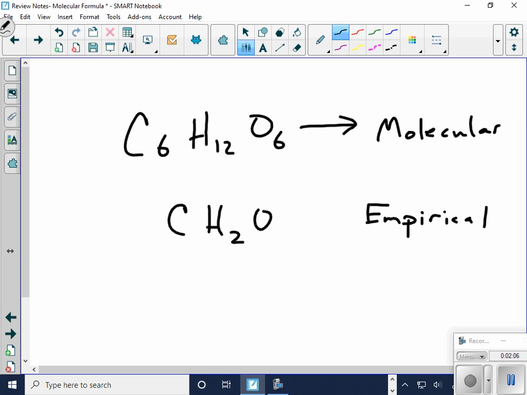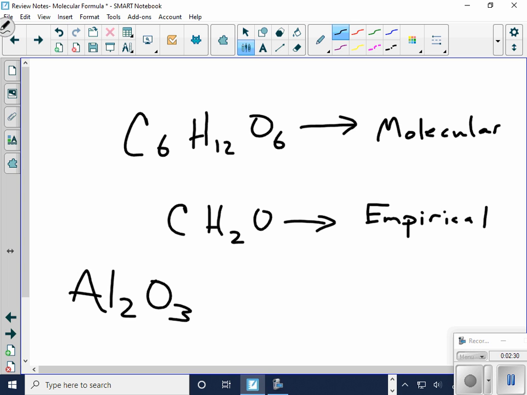All right? Now, let's look at something else. So I have C6H12O6. I reduce it down. Here's one we dealt with yesterday. Can I reduce that guy down? Aluminum oxide. Is that in its reduced form? Yeah.